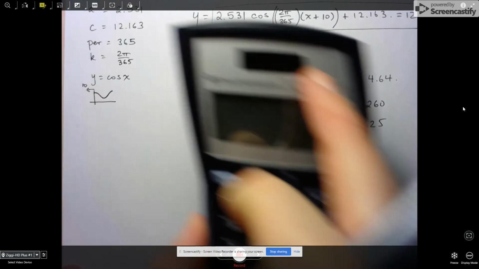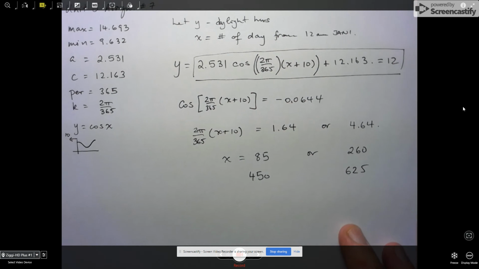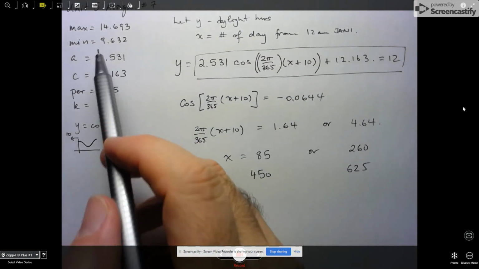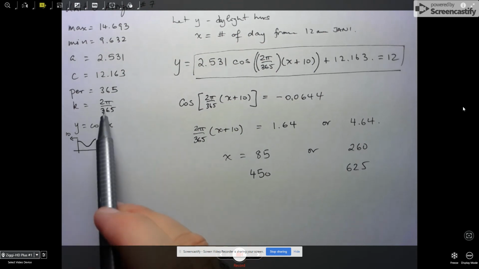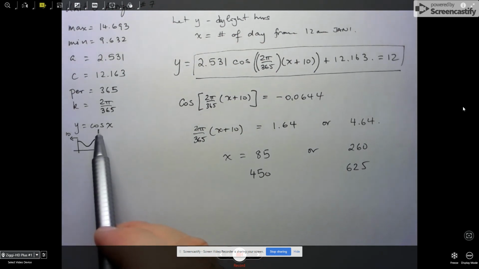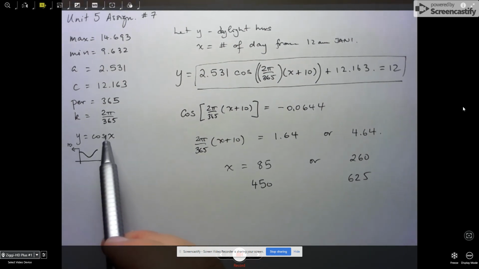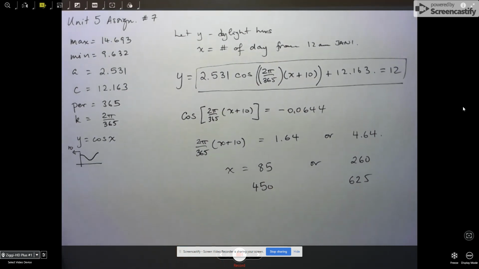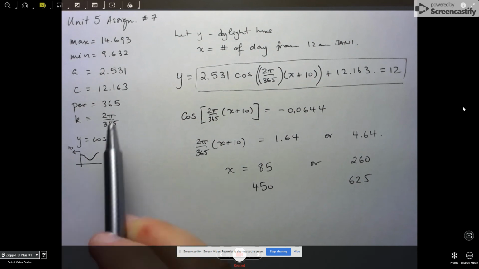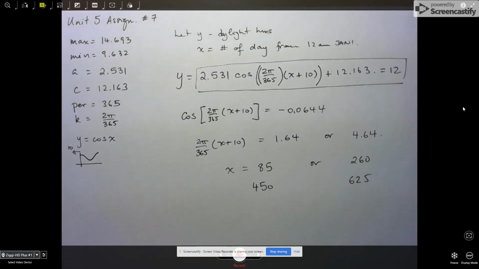Just to recap, step number 1 was to determine the model. Max and min were given. We assumed that the period would be 365. We conjectured that cosine x would be the best one to use because the maximum value occurs near our starting time, which was January 1st. And we realized that we had to do a phase shift to the left.